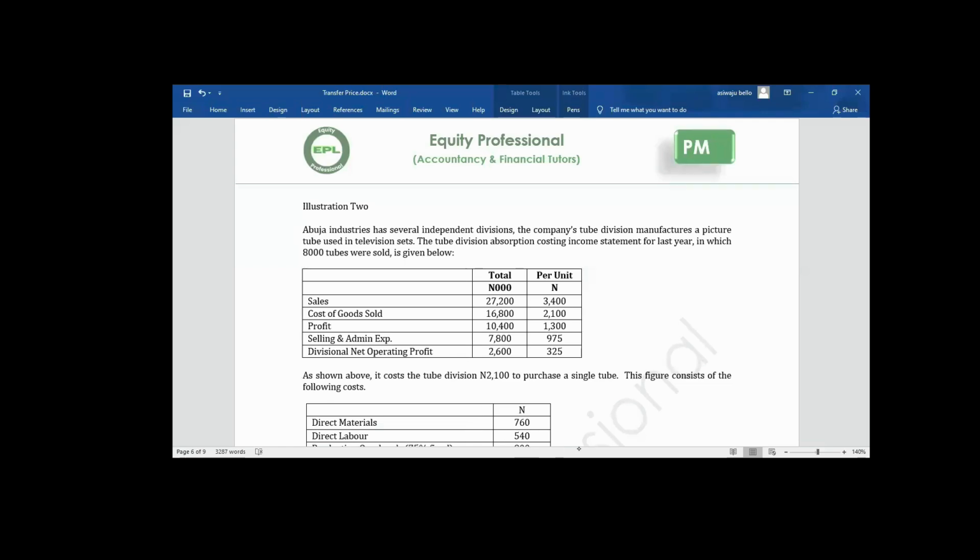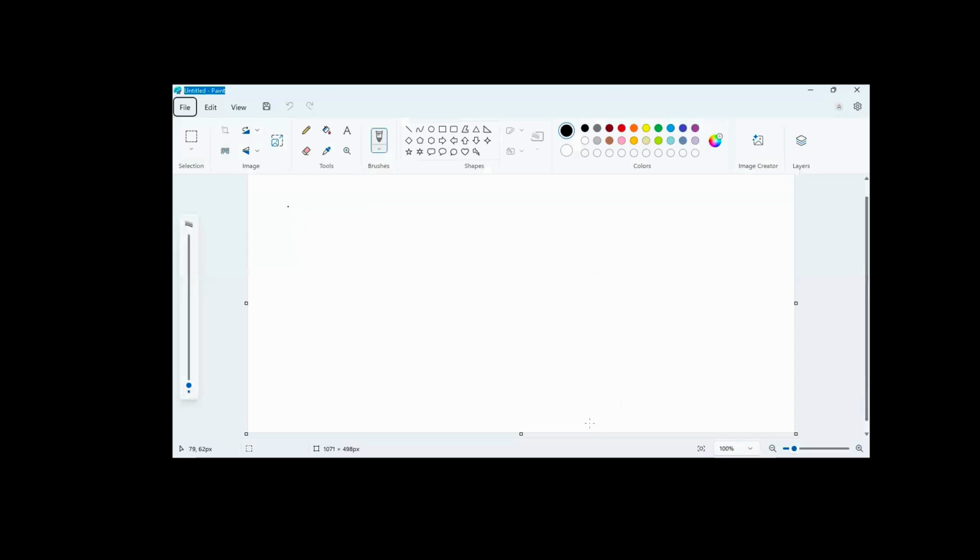Let's show the working here. Total selling and admin expense is equal to 7,800,000.